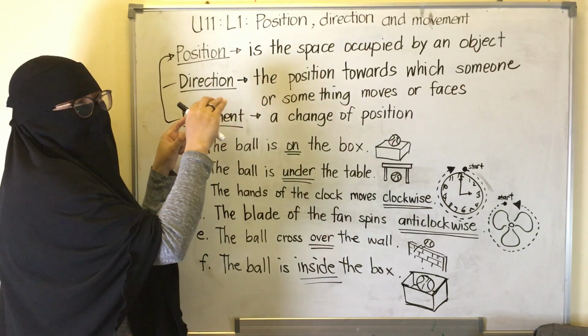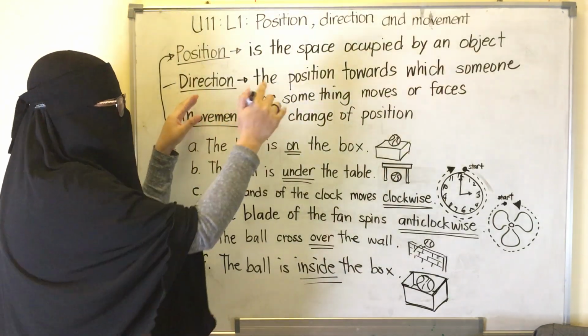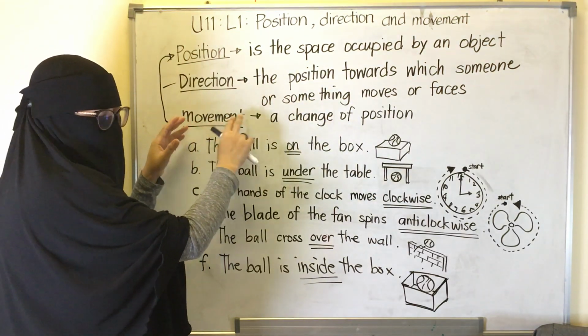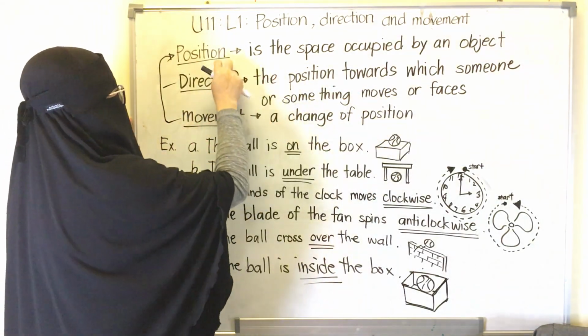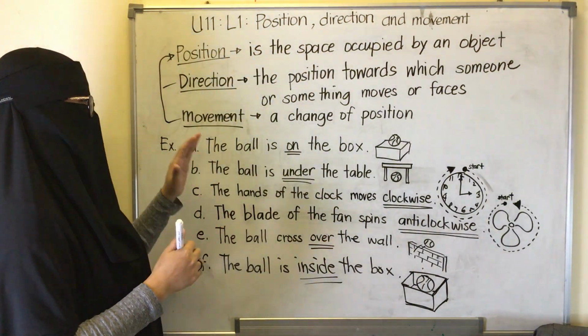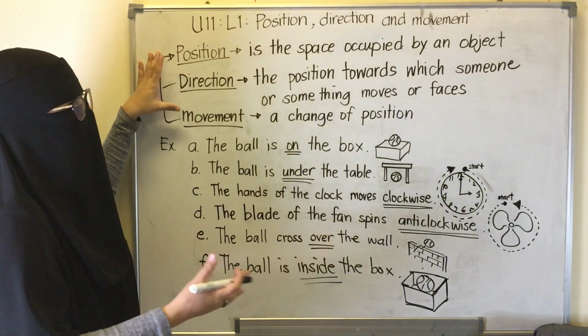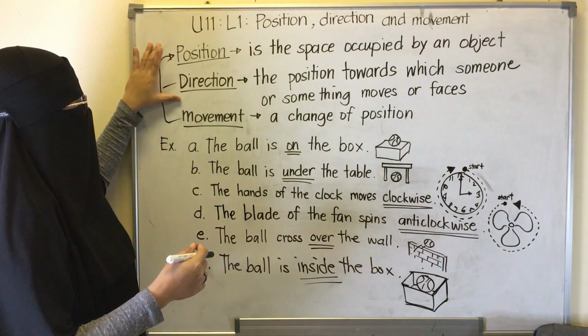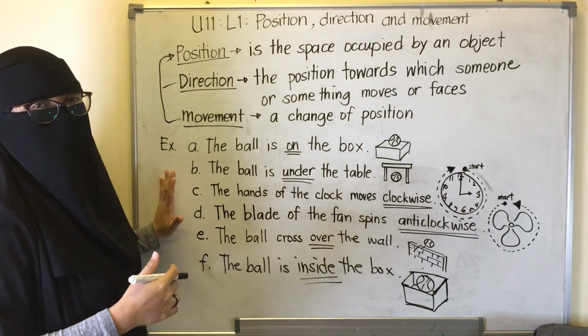If you are facing the other direction, your position will change. Movement is also a change of position. So these three are all related to each other. You will further understand this meaning using different examples.